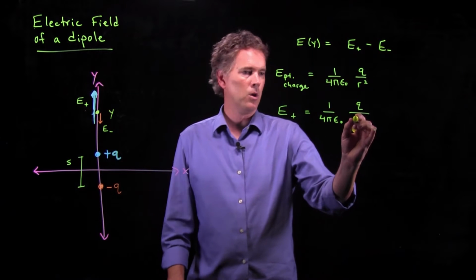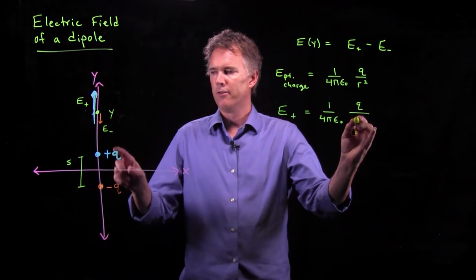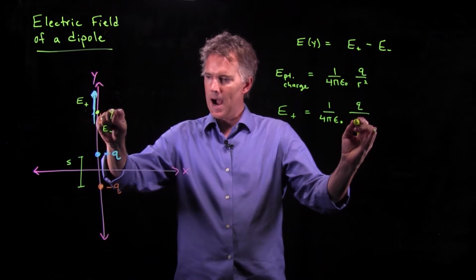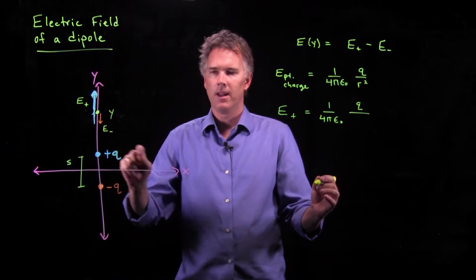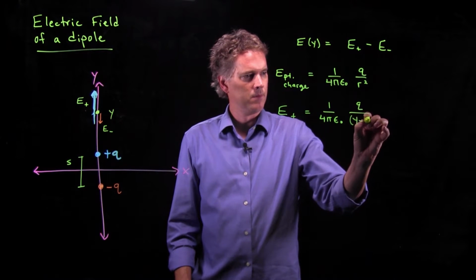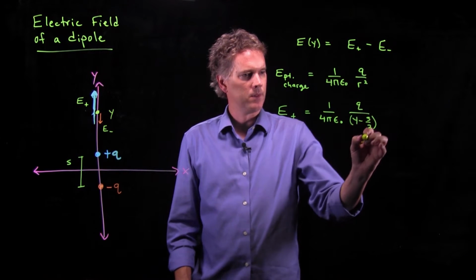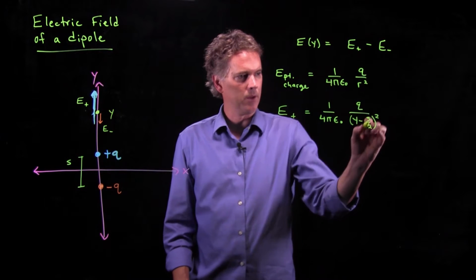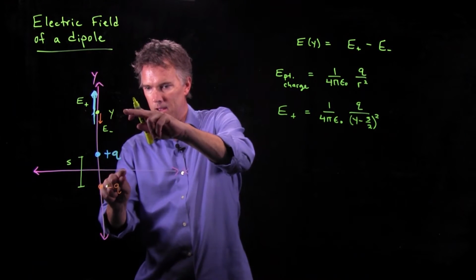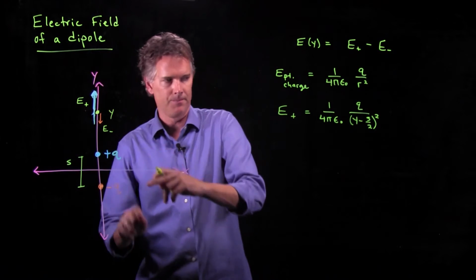Okay. And now positive Q and negative Q give us these two fields. The positive Q one is how far away from our point of interest? Well, it's this far away, right? Y minus s over 2. And remember we have to square that whole thing, right? That's this distance right here. It's y minus s over 2.